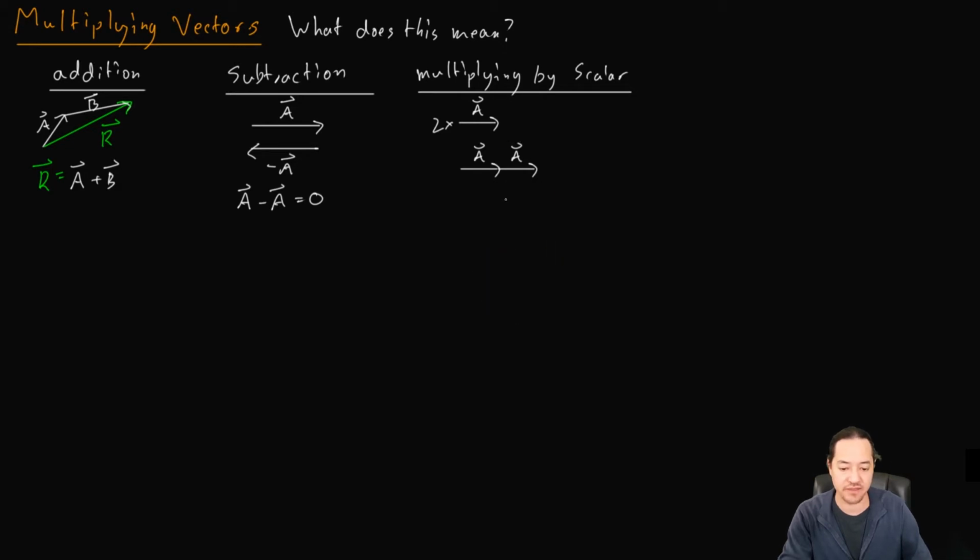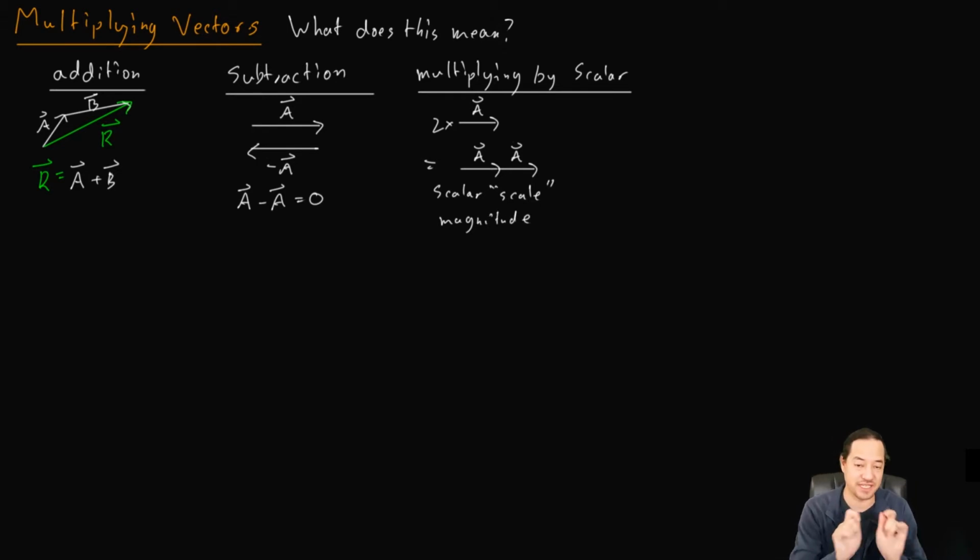Scalar multiplication is going to scale the magnitude of the vector. A scalar will stretch or maybe compress the length of the vector, but not change its direction. So this also makes a lot of intuitive sense.